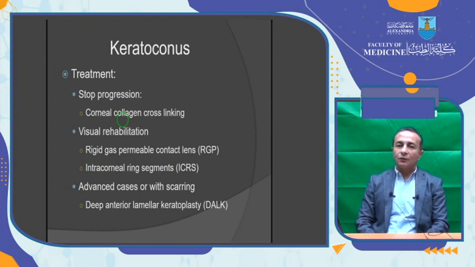However, some patients cannot tolerate the hard contact lens due to some allergic disorders of the conjunctiva, or due to some compliance issues with the way of using contact lenses.